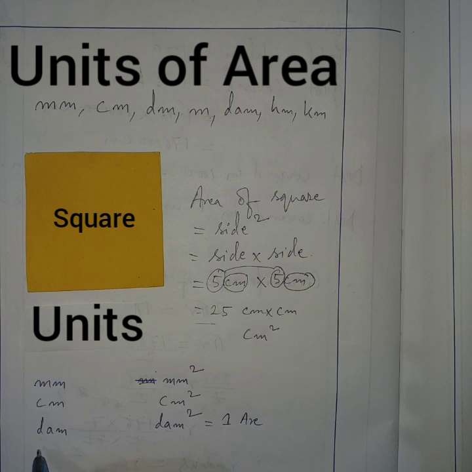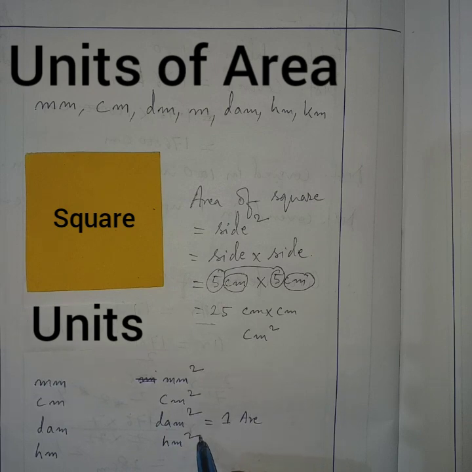If the lengths are given in hectometer, then the unit of area will be hectometer square, and hectometer square is also called a hectare.